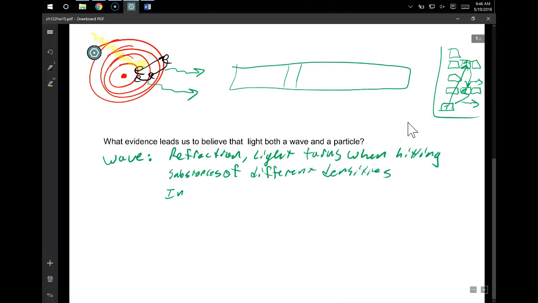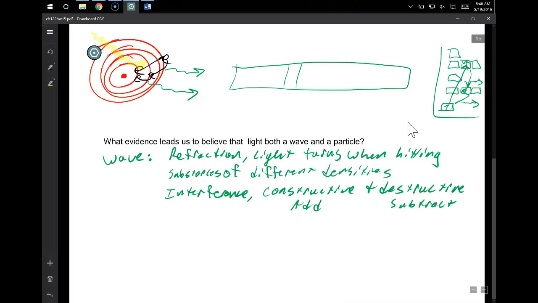Interference. So it can add to itself and make itself brighter, or it can cancel itself out and make itself dark.